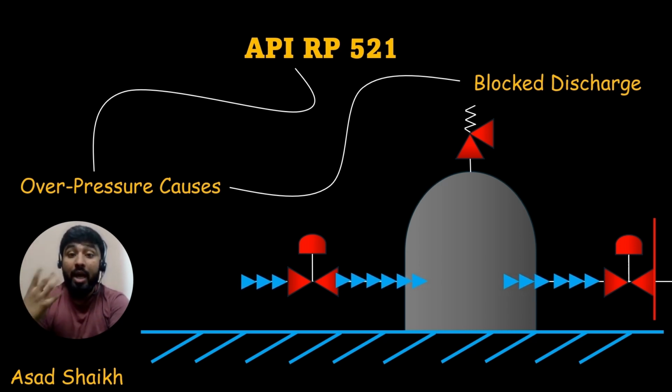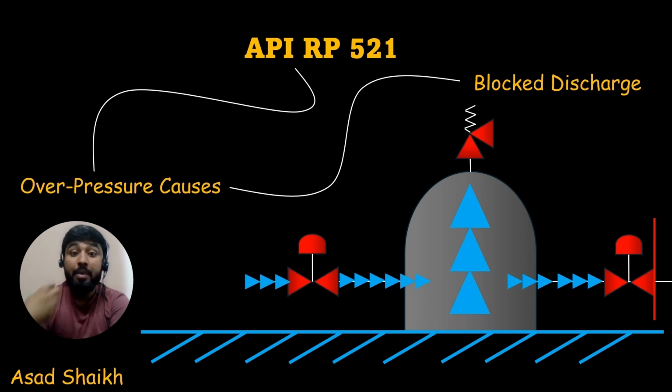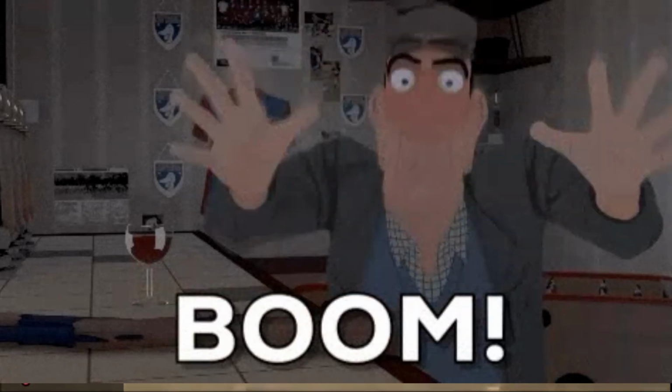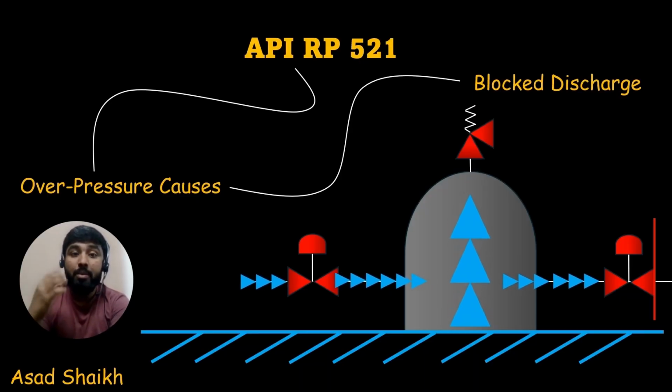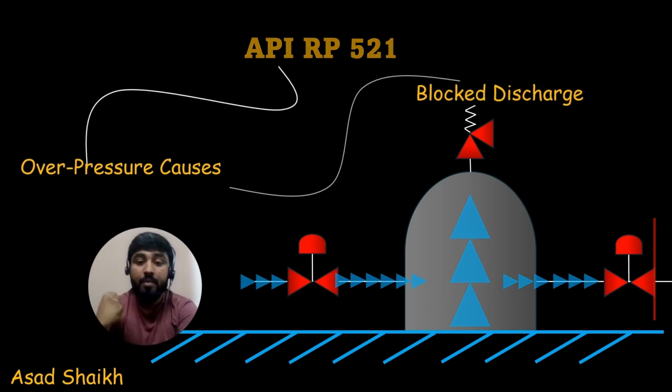What happens now is the pressure inside the tank is going to increase, eventually leading to the tank even getting completely exploded. So for that, this relief valve has to come into the picture, which will relieve this pressure out from the equipment. And here's where you come across the first condition, which is called the blocked discharge condition.